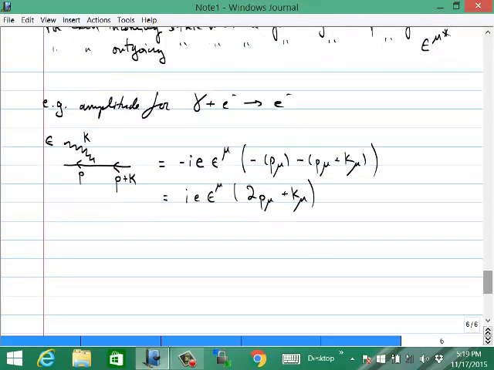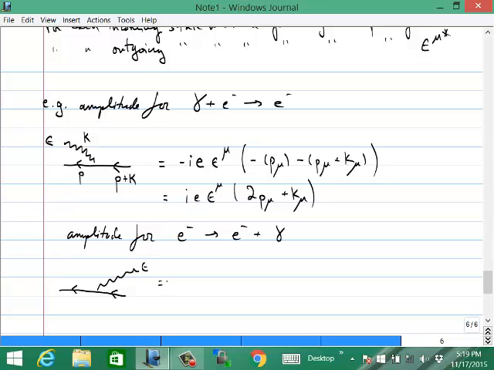Whereas, for example, if you wanted to write down the amplitude for an electron to emit a photon with a particular polarization state, then you would have a factor of epsilon star here instead of a factor of epsilon.